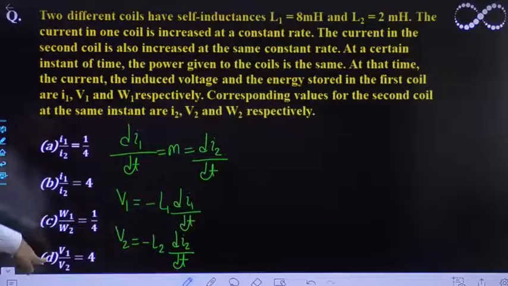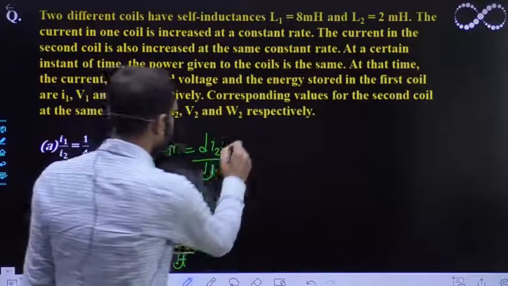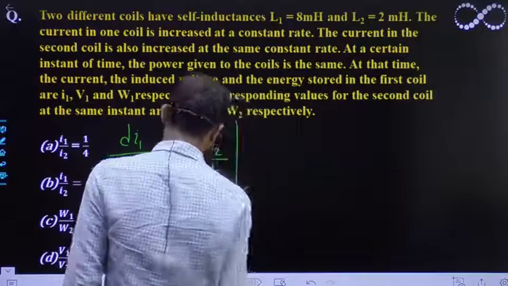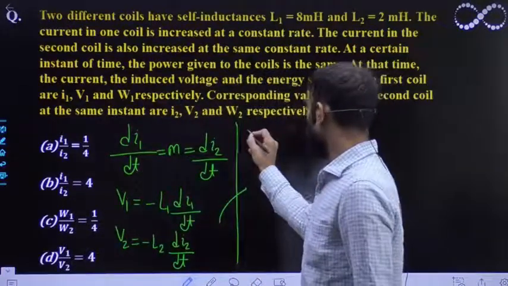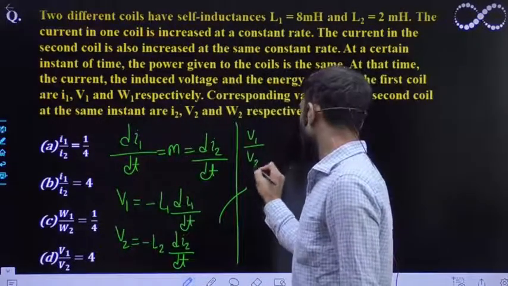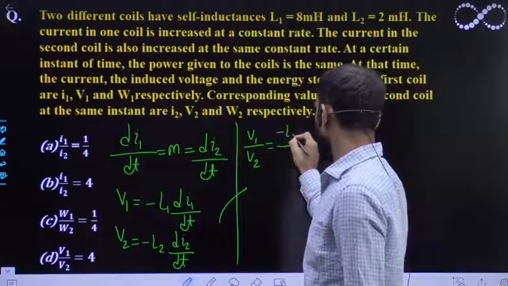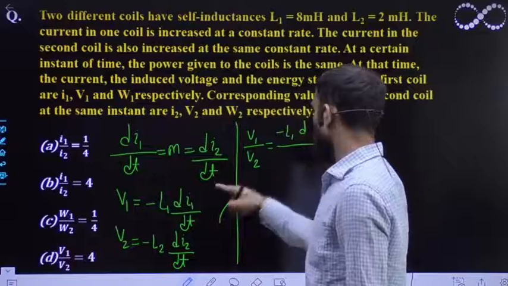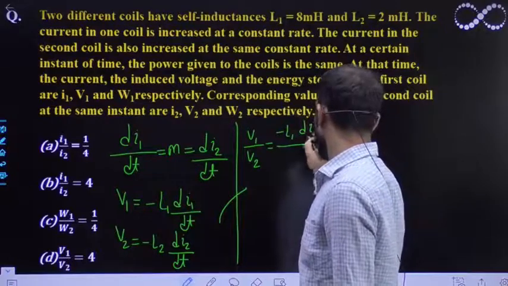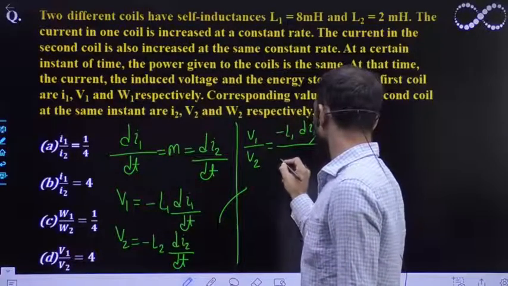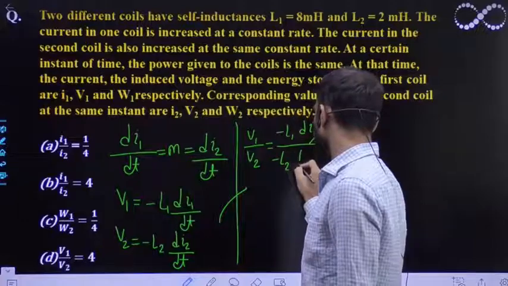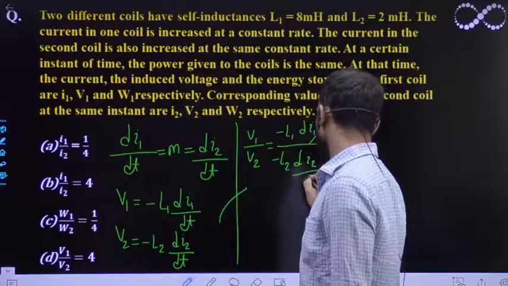So let us see whether option D is correct or not here. V1 upon V2, if I do this, will become minus L1 dI1 upon dt, and this becomes minus L2 dI2 upon dt.